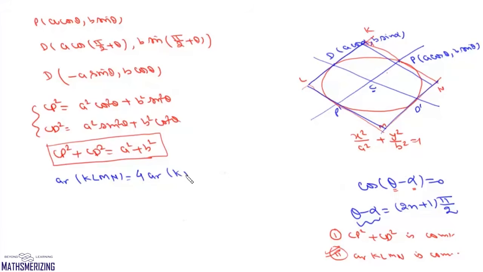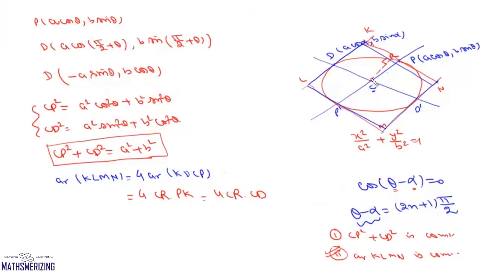Now from C we'll drop a perpendicular on this side PK, say CR, so we can write this area as 4 times CR into PK. Now this PK is equal to CD, so this is 4 times CR into CD.